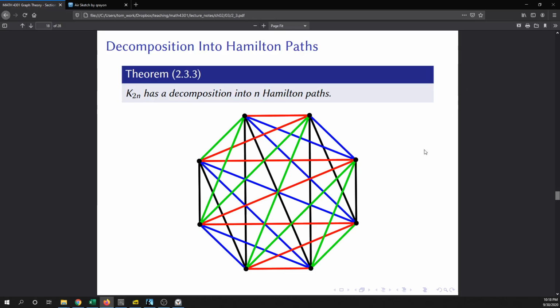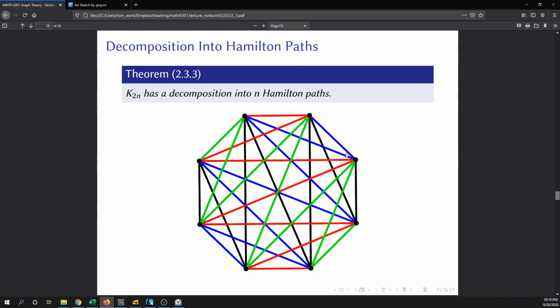And here you can see I have such a decomposition for the complete graph on 8 vertices. And what I've done is colored each Hamilton path a different color. So you can see this is not a proper edge coloring or anything like that. I just colored the Hamilton paths so that they are easier to see in the graph.